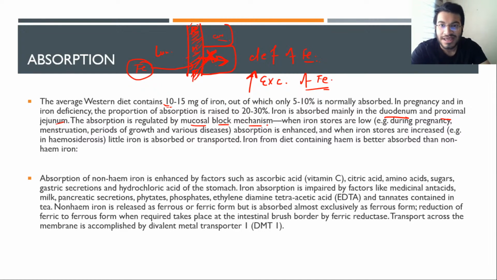Iron यहीं स्टोर रहेगा, and it will stay here until the mucus sheds. जब तक ये म्यूकस मेम्ब्रेन शेड नहीं होता, आयरन यहीं रहेगा, right? And ultimately this iron will come into feces, right?